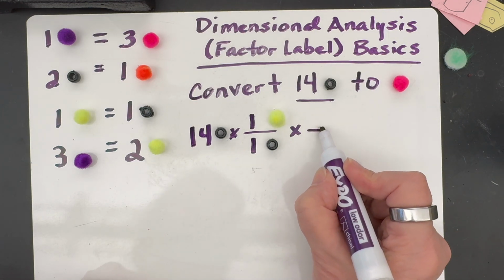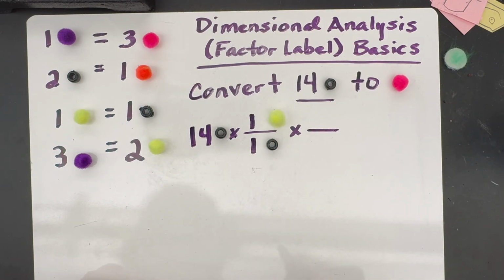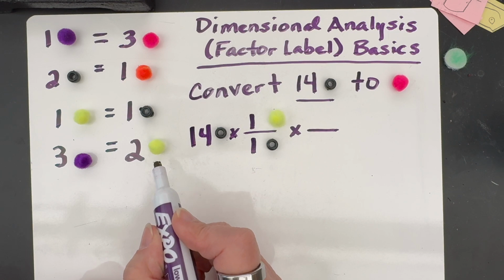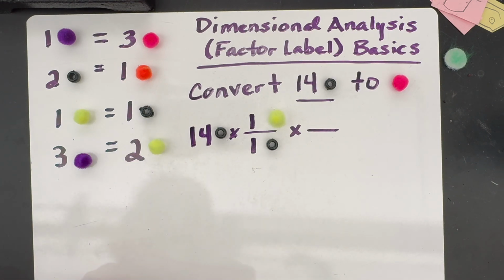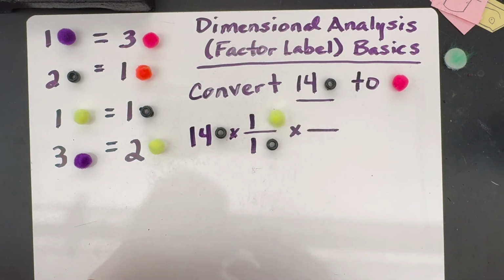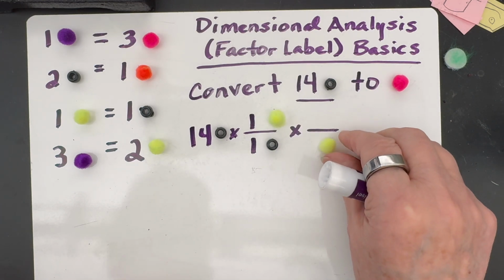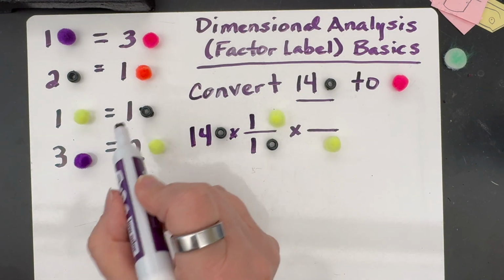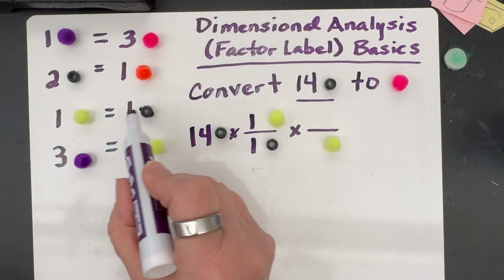So our next conversion factor, we're still trying to get to pink. So our next conversion factor, we're going to go from yellow to purple. Since we have yellow on top here, we want it to cancel. So the yellow automatically goes to the bottom. And the only two conversion factors we have with yellow are yellow to black.